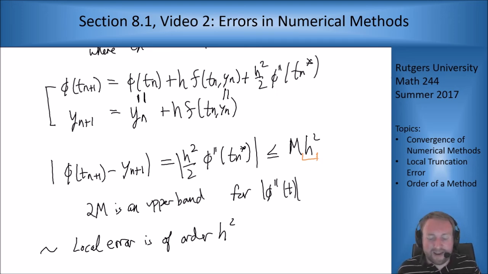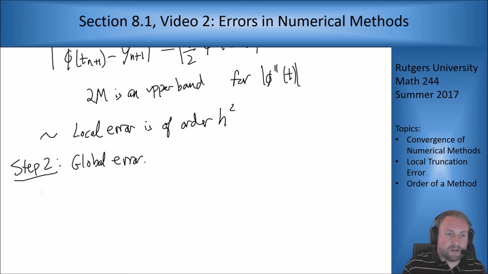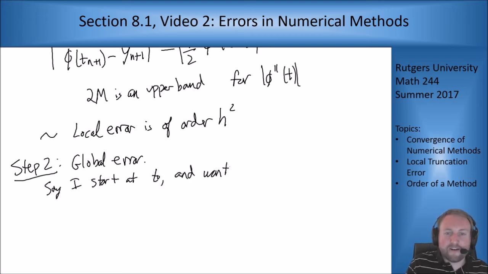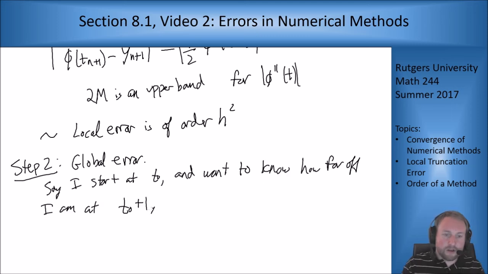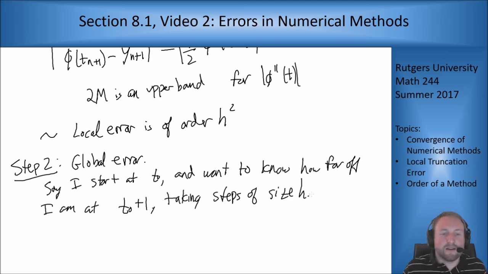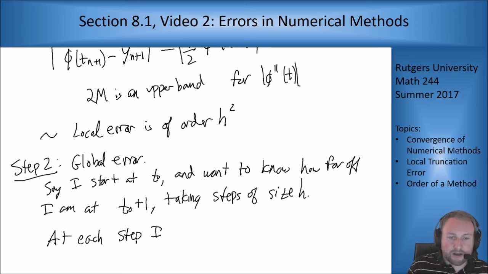Now, what we actually care about is step 2, the global error. So say I care about the value at some later time. So let's say I start at t0 and want to know how far off I am at t0 plus 1, taking steps of size h. Now, I know my local error is h squared, so at each step, I make an error of order h squared.